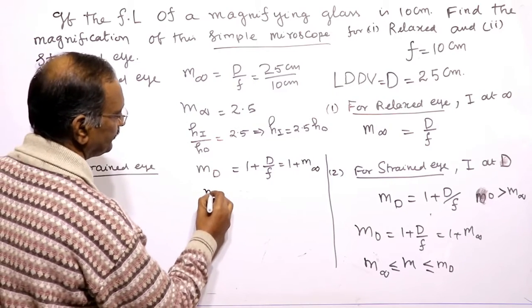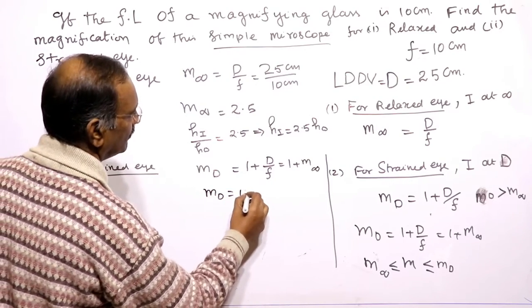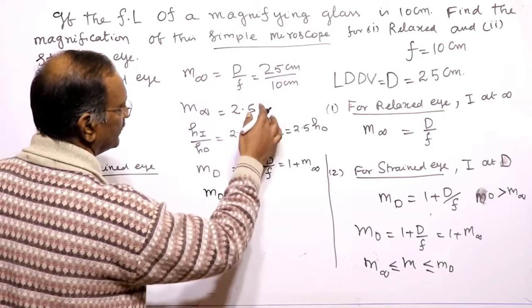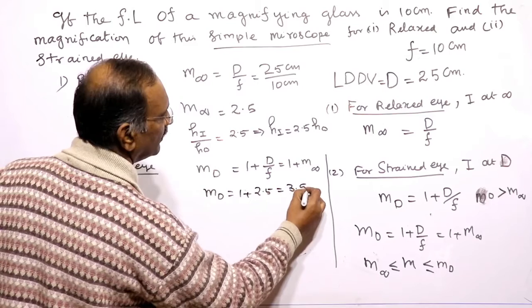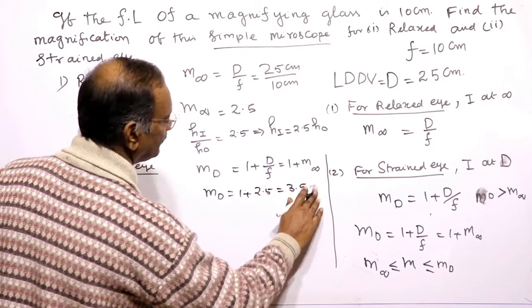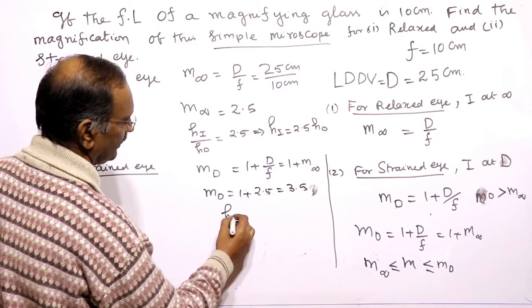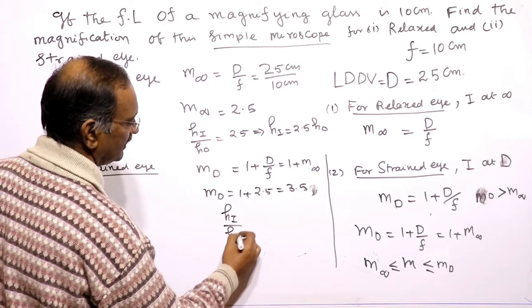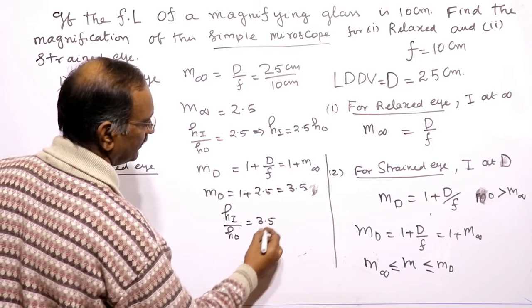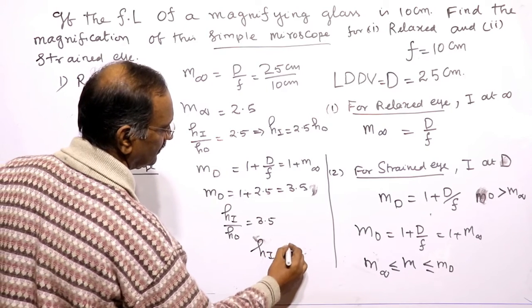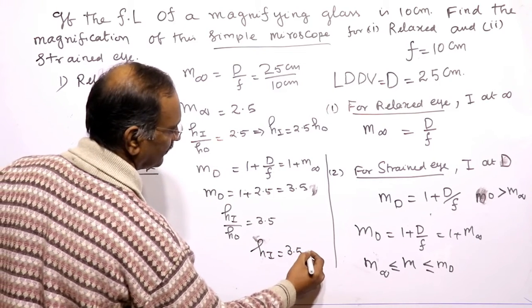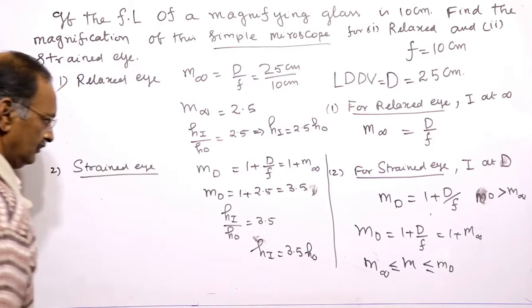So m d is equal to 1 plus 2.5, which is equal to 3.5. Therefore, height of image by height of object is equal to 3.5. Therefore, height of image is equal to 3.5 times height of object.